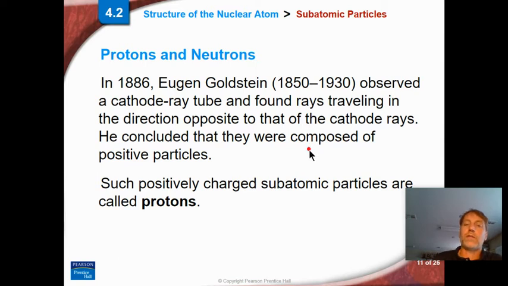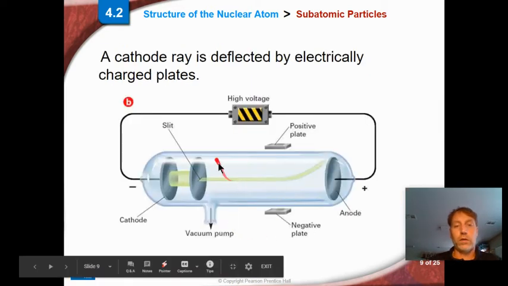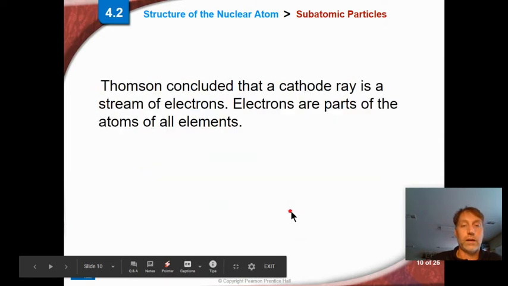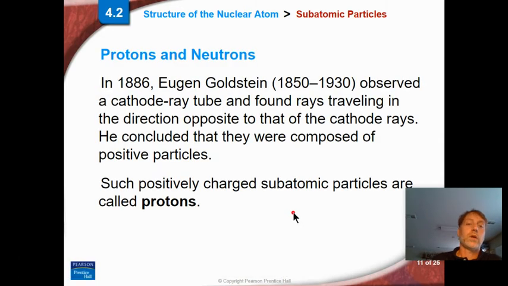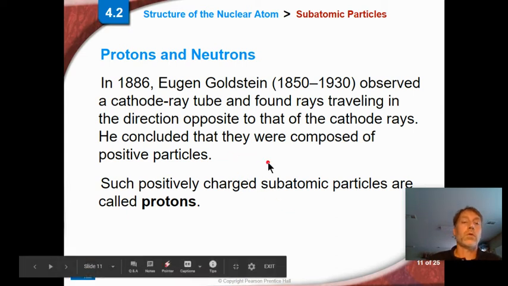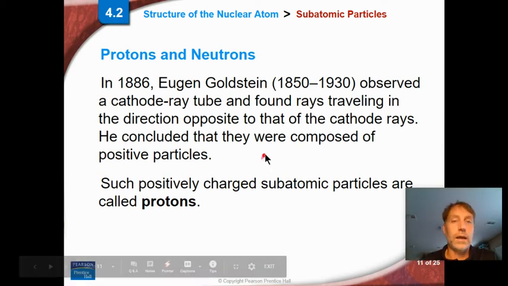He concluded that if they're flowing in the opposite direction, toward the negatively charged plate, imagine the stream kind of scooping down this way, that means they must have a positive charge, since they're moving towards the negatively charged plate. So he called those protons, positively charged particles.